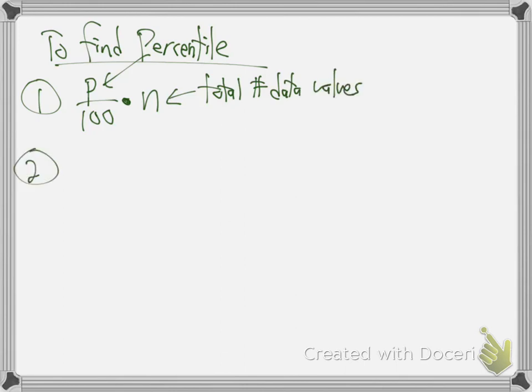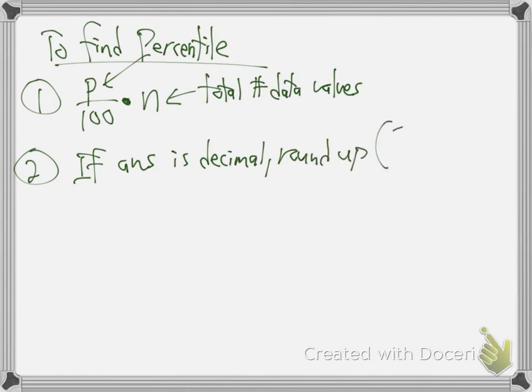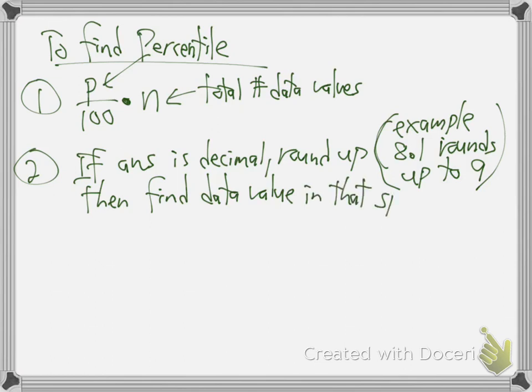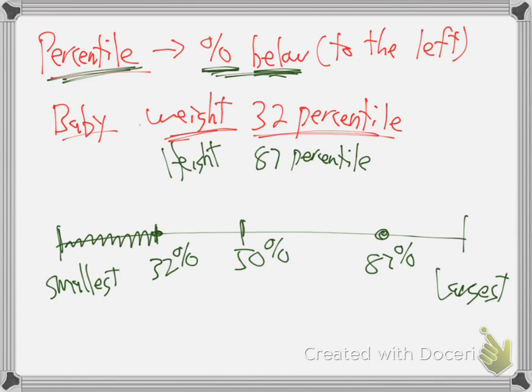Step 2: if the answer is a decimal, round up. For example, 8.1 rounds up to 9. And then find the data value in that spot.